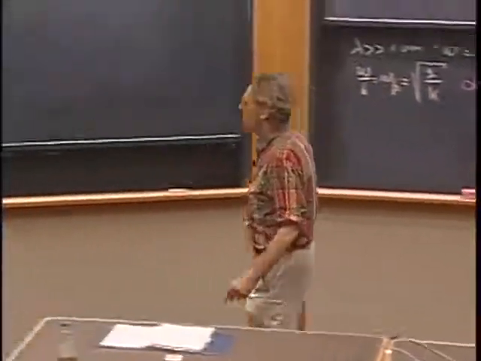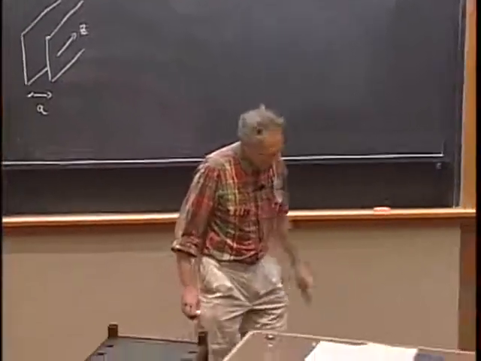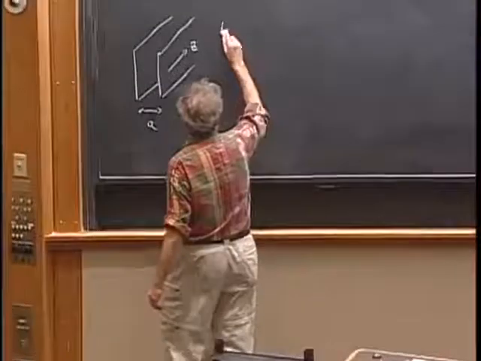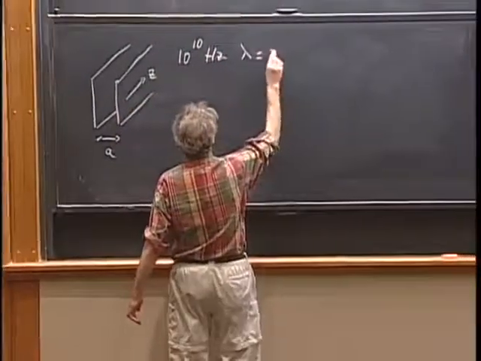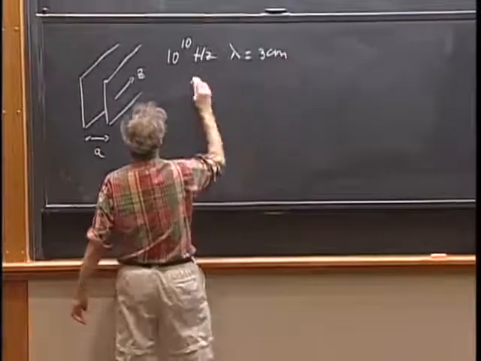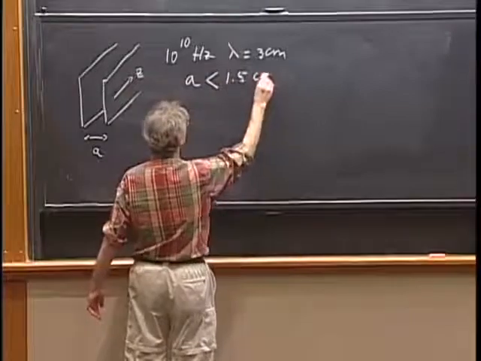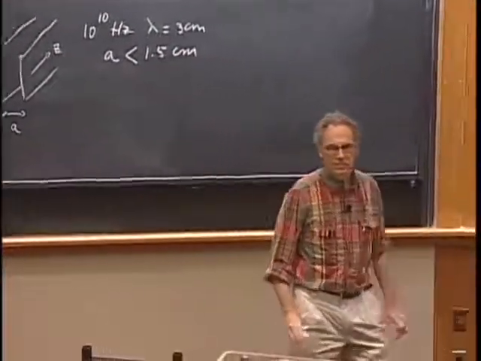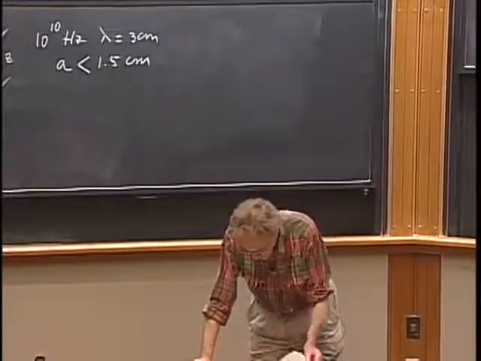And so we're going to send it from here to the other end. The wavelength, lambda, is 3 centimeters, so this is 10 to the 10 hertz. So lambda is 3 centimeters. When A is less than 1.5 centimeters, radar cannot go through anymore. If it's larger than 1.5 centimeters, it can, and I will demonstrate that.